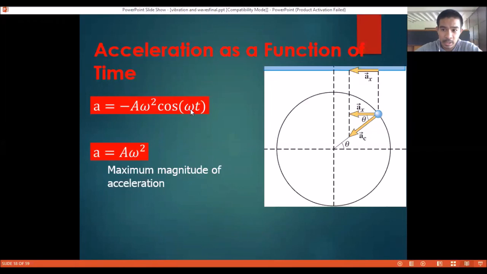And this omega is 2 pi f, so we have cosine 2 pi ft. Since the cosine of the angle ranges from 1 to negative 1, the acceleration equals amplitude times omega squared; we just multiply A omega squared by 1 or negative 1. So this is the maximum magnitude of the acceleration.